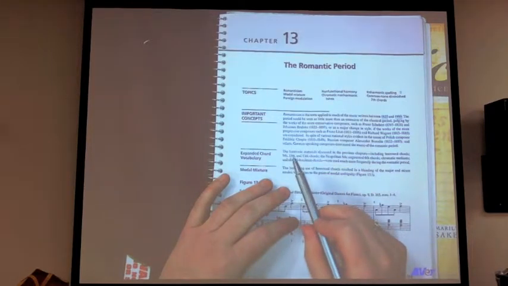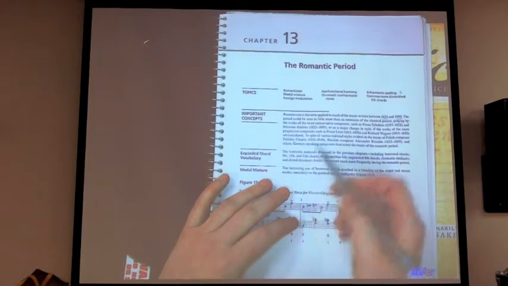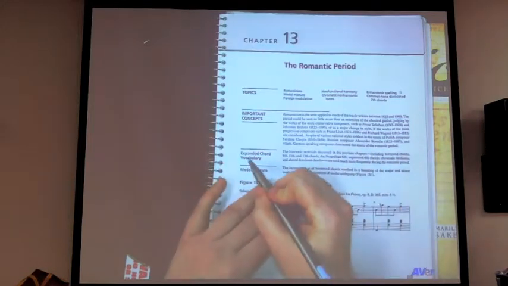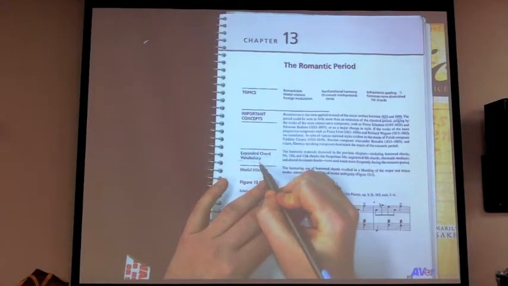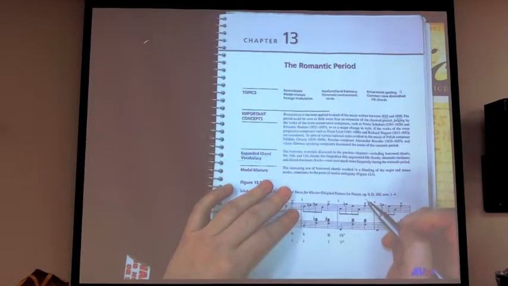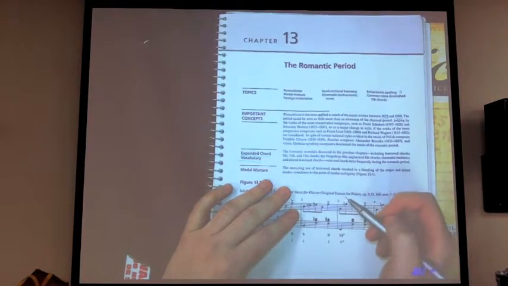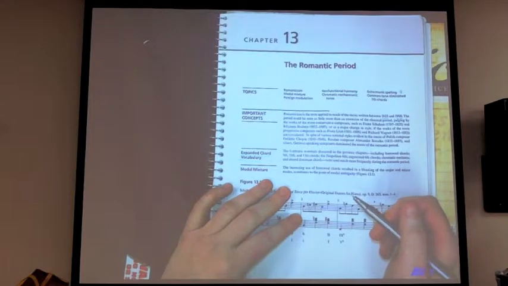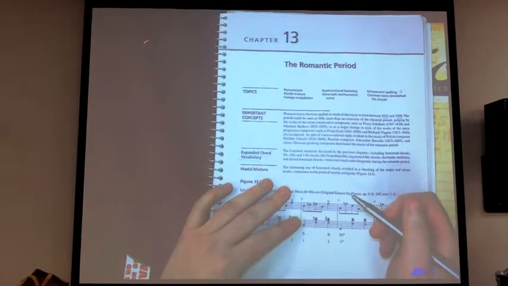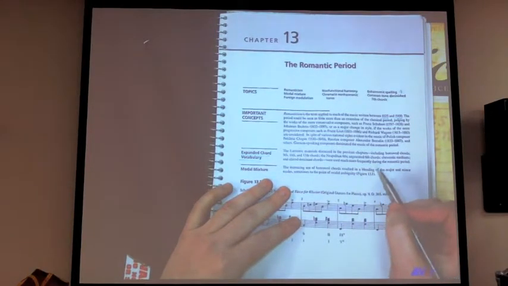So, major things that you're going to see in the Romantic era: expanded chord vocabulary. You're not just going to see a bunch of ones, fours, and fives. You're going to see half diminished 7s of 2s, and a diminished 2 going to a totally different key. So they get really wild.